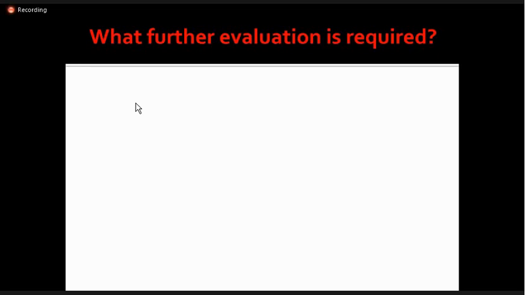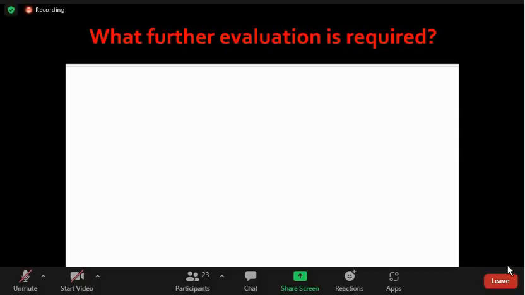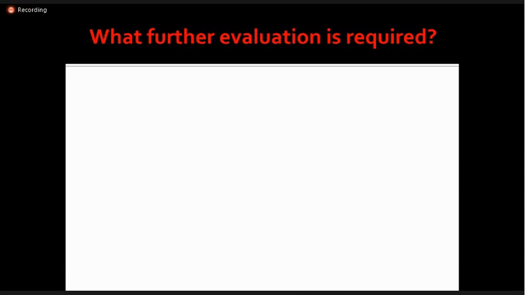What is the other thing you would pay specific attention to at the time of examination? Some other things apart from murmurs. So what are all the things you would pay attention to at the time of physical examination?